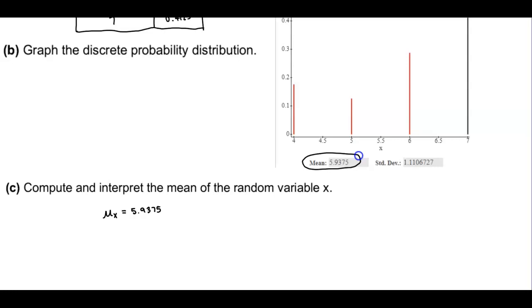Okay, so what does this tell us? This tells us that the mean of the discrete random variable is the average outcome if the experiment is repeated many, many times.